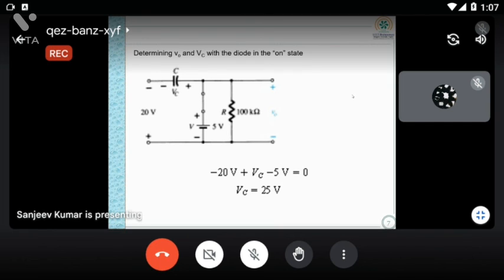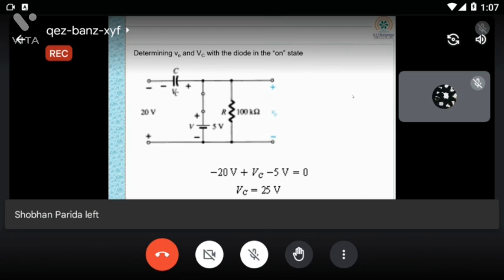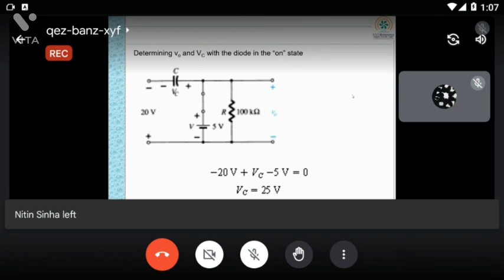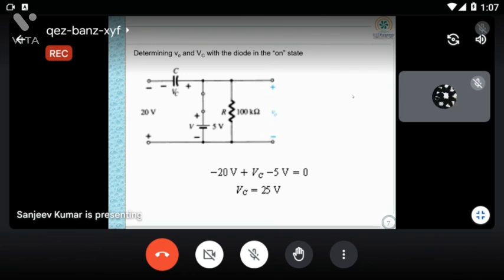But because the discharging time is very much higher compared to the charging time, during the cycle when it is not charged, the capacitor still has that potential, so we have to consider it. So now you can see this 25 volt is available across this capacitor. Okay, this is what you are getting between T1 to T2 time period.